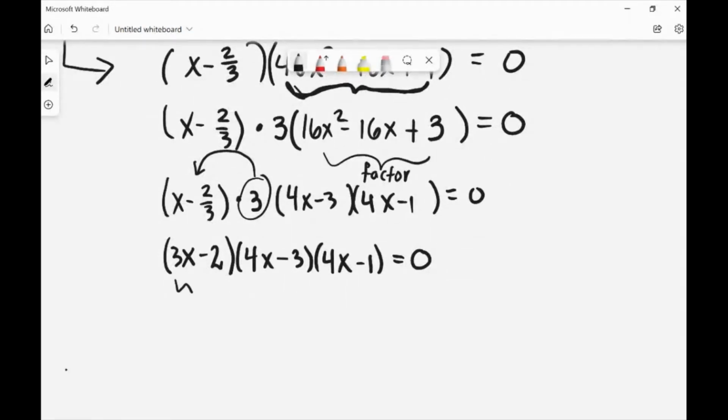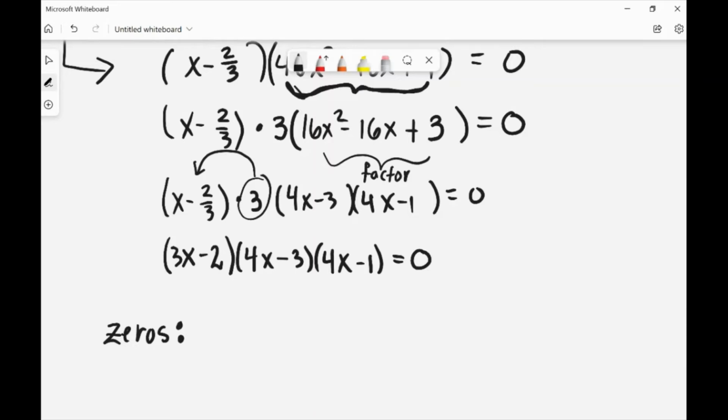Notice you'll get the same zero. Isn't that interesting? If you set this to 0, you get 2/3. If you set that one to 0, you would have gotten 2/3 as a zero. If I ask you right now, what are the zeros or what are the solutions? What would you say? 2/3.